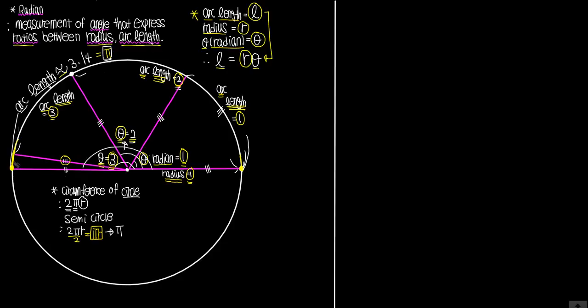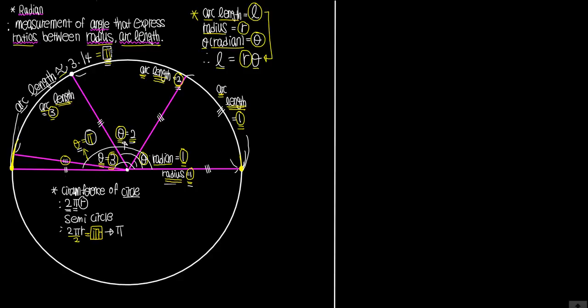Lastly, if the arc length is approximately 3.14 times larger than the original arc length of 1, which we can notate as pi, then what will the central angle be? Well, the central angle, which we'll notate as theta, will be pi radians, which means the radius, which is 1, times pi, the central angle in terms of radians, when the arc length is pi.